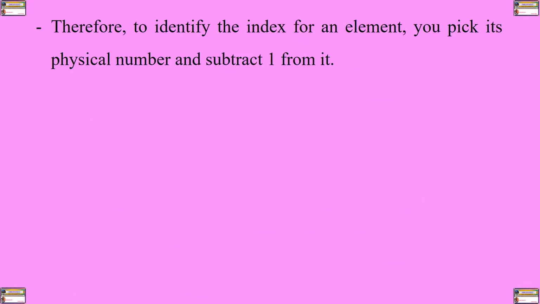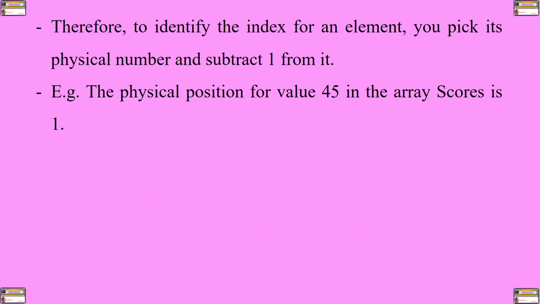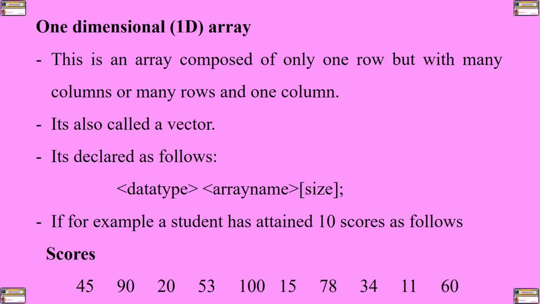Therefore, to identify the index for an element, you pick its physical number and subtract 1 from it. For example, the physical position for value 45 in the array is 1. That is, if you go back to our array, you can see that we have the first element being 45.